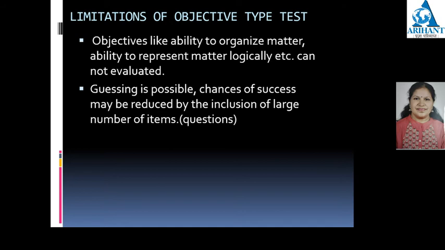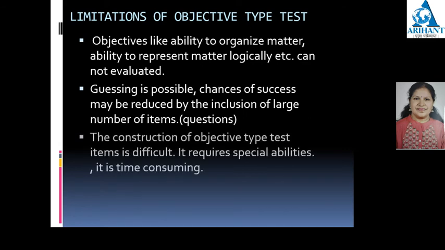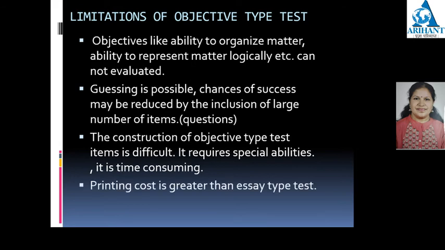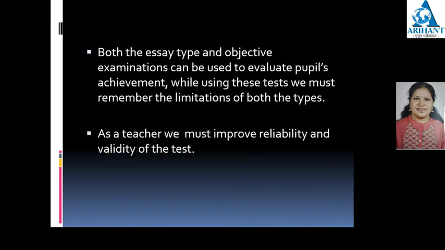If students are not well prepared for the test, their score may be reduced. The construction of objective type test items is difficult. It is a difficult task for teachers. It requires special abilities and is time consuming as well. Printing cost is greater than essay type test, because a question paper of essay type has fewer questions, but for objective type there will be more questions for less marks. That's why the printing cost will be greater.